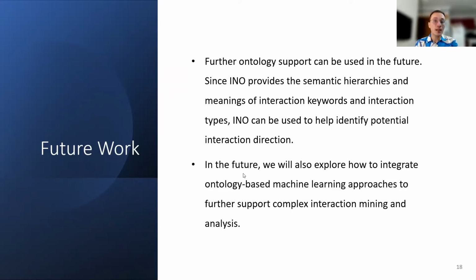Since INO provides semantic hierarchies and meanings of interaction keywords and interaction types, INO can be used to help identify potential interaction direction in the future. And we would also like to integrate ontology-based machine learning approaches to support complex interaction mining and analysis.